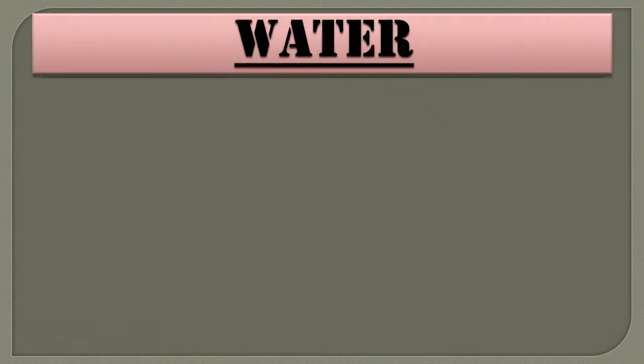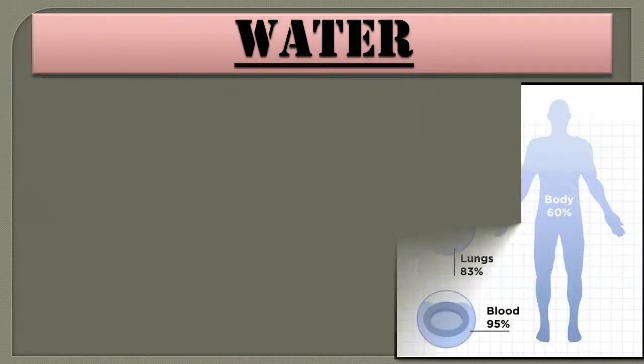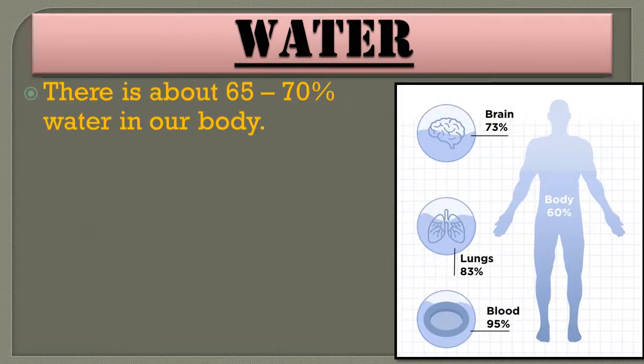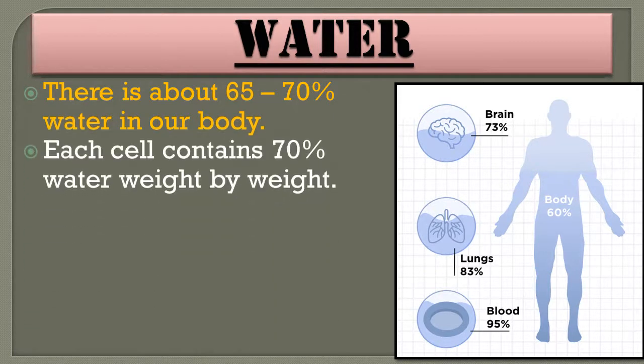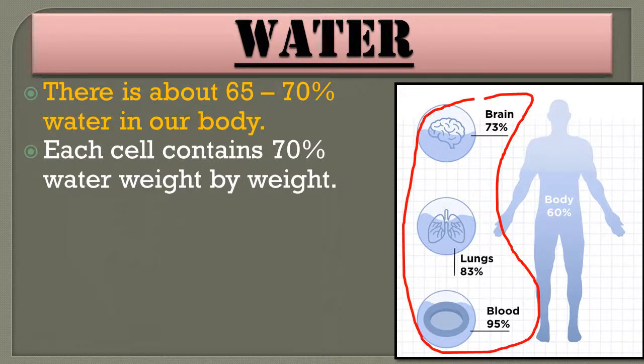Now the next component is water. Students, about 65 to 70% of our body is water, and each cell contains 70% water by weight. Our brain contains 73% water, lungs contain 83%, and blood contains the maximum percentage of water, 95%.